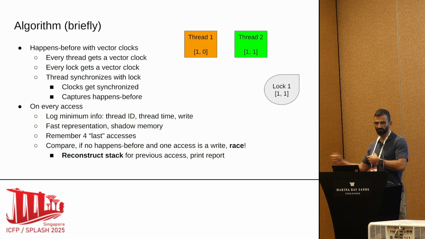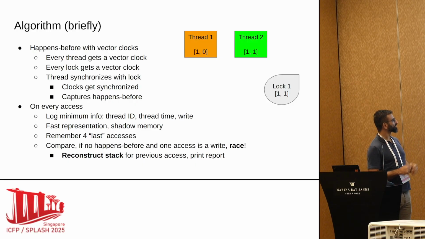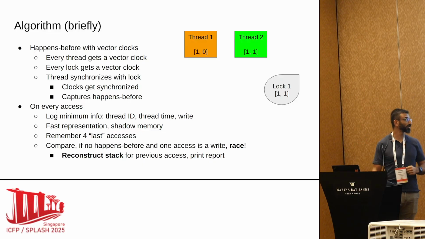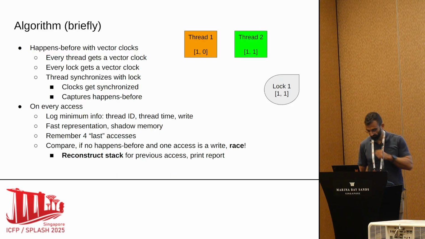The rest of the stuff in the objects are not updatable. So there's one difference there where you can save memory and change the representation of shadow memory of what accesses you're logging. We remember the 4 last accesses, which is similar to the state of the art.